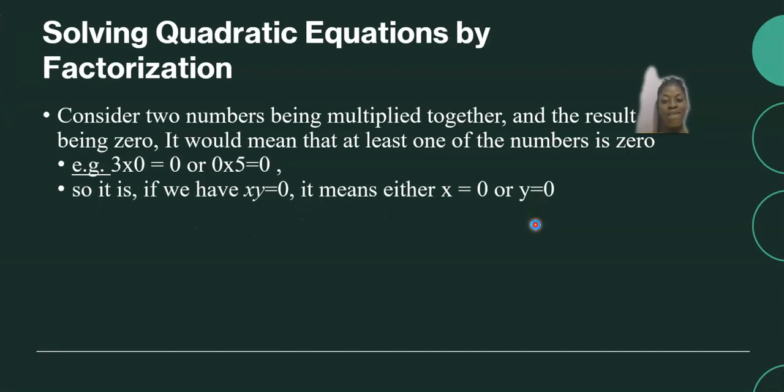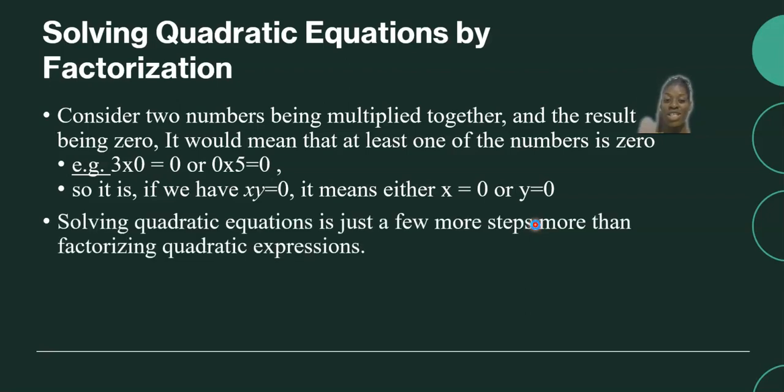So it is safe to say then, if we have xy, which means x multiplied by y equals 0, that means that either x is 0 or y is 0. One of them must be 0, right? If the result is going to be 0. Solving quadratic equations is just a few more steps than factorizing quadratic expressions.